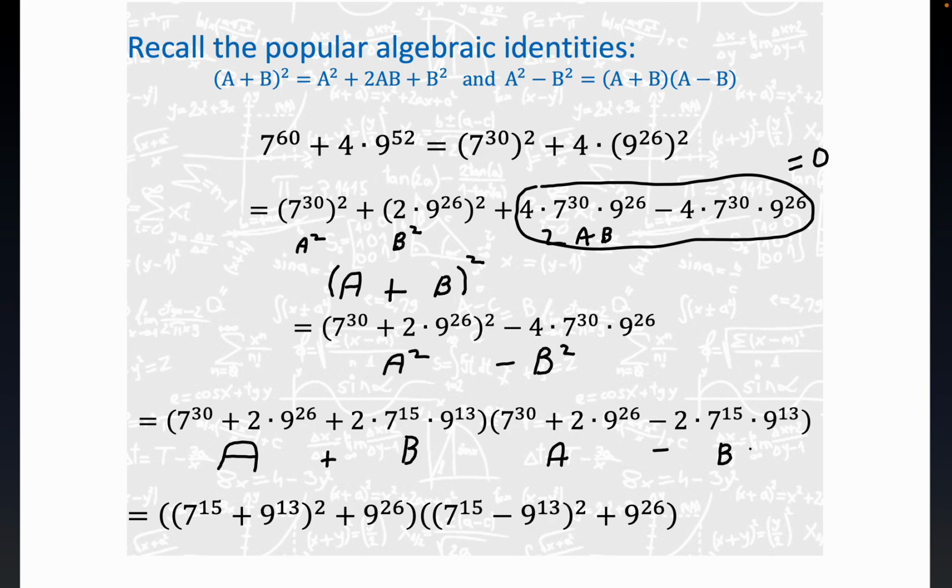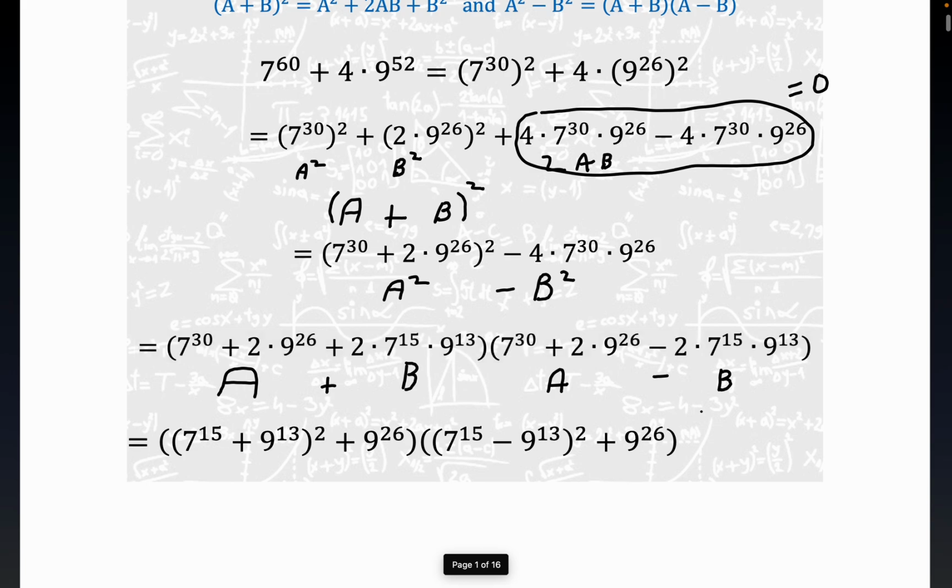Now, technically, I think right now you could say you're done. This object right here certainly has to be greater than 1, and so does this object. So you could say you've proved that the original expression is composite. But you can make it slightly cleaner right down here.